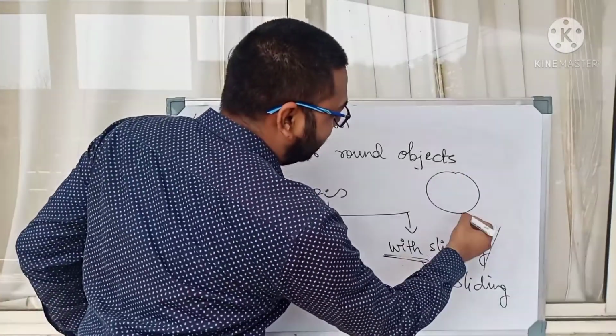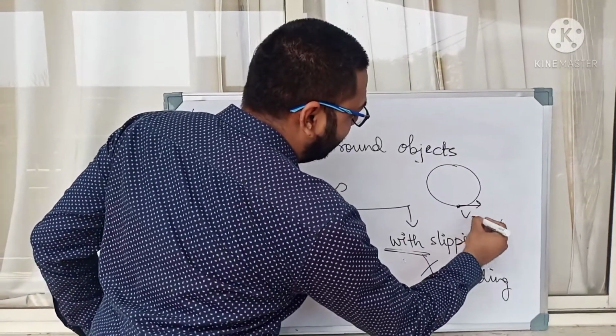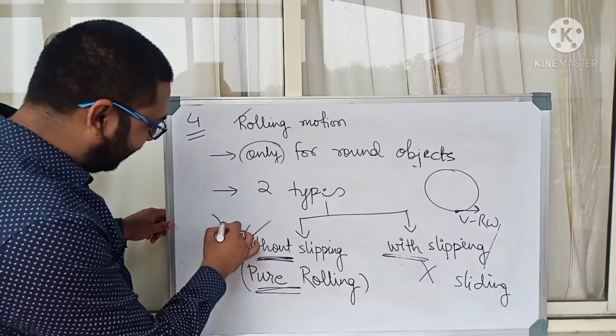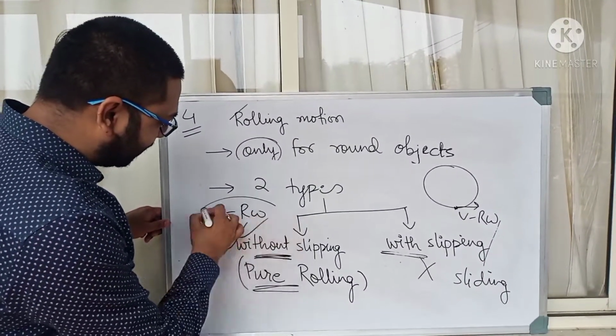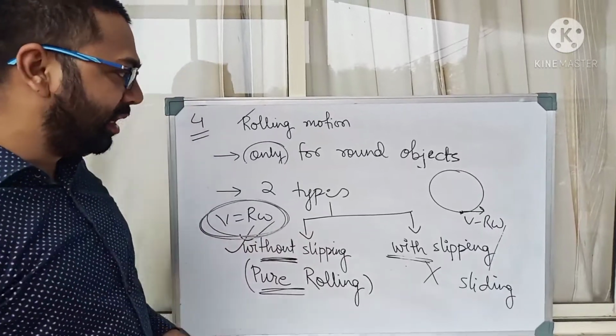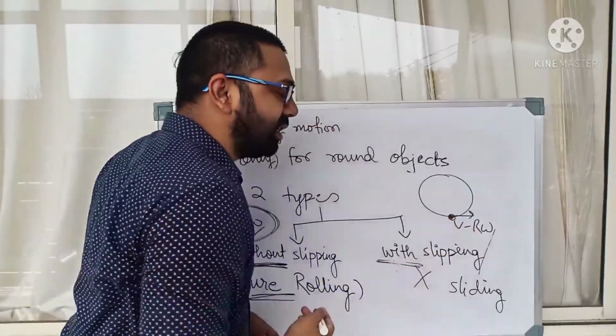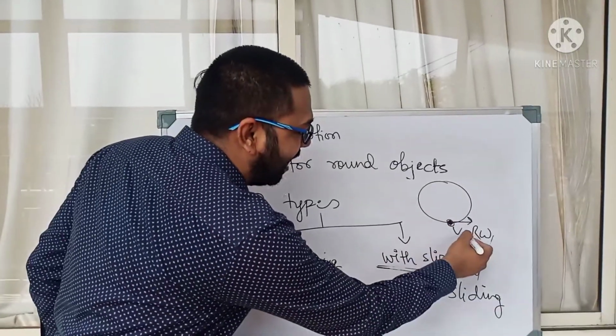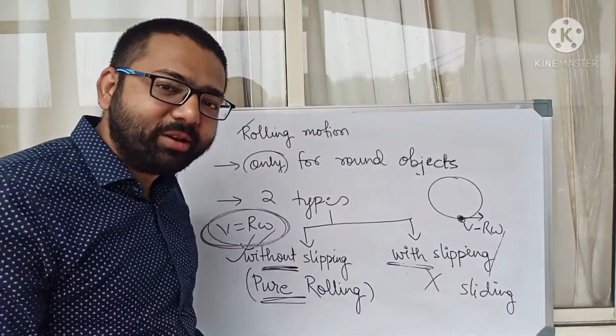Here we had discussed that the point of contact was having v minus R omega. So in this case, v must be equal to R omega, because the point of contact must have zero velocity. This is the point of contact. It was having v minus R omega, you remember this?